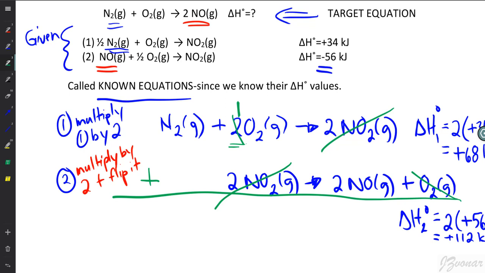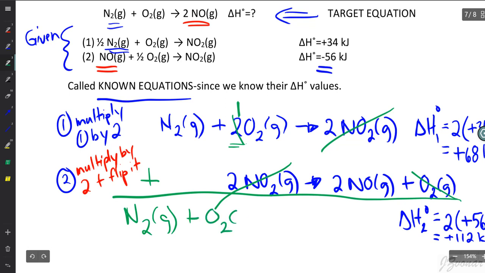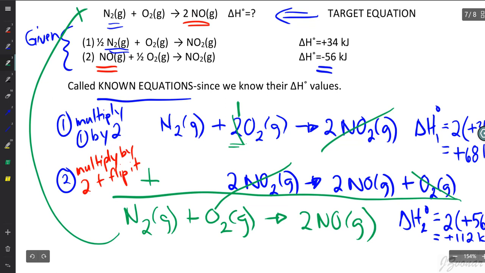Now I can add up these two equations. I get N2 plus O2 makes 2NO. Have I achieved my target equation way up here?